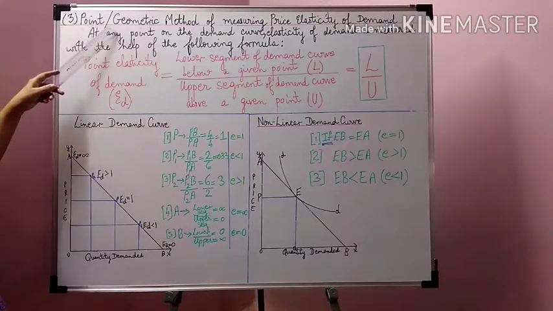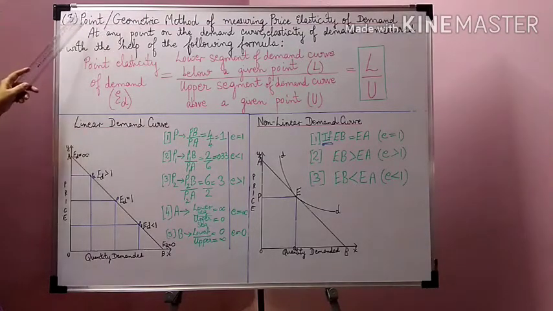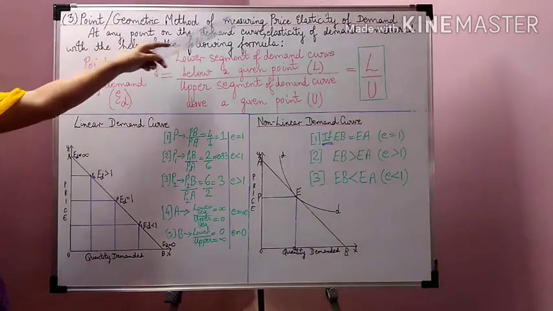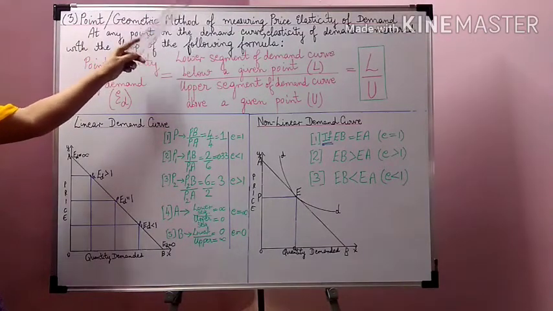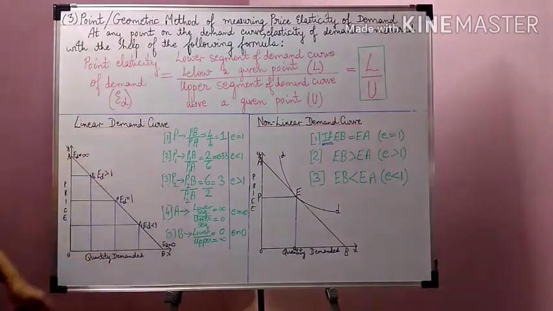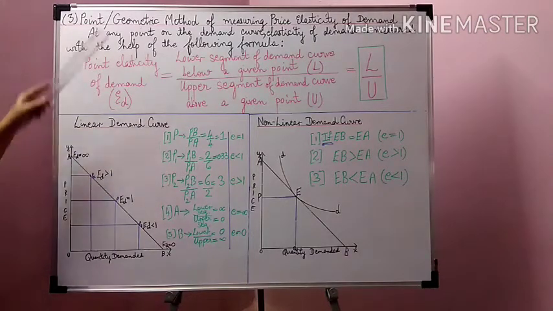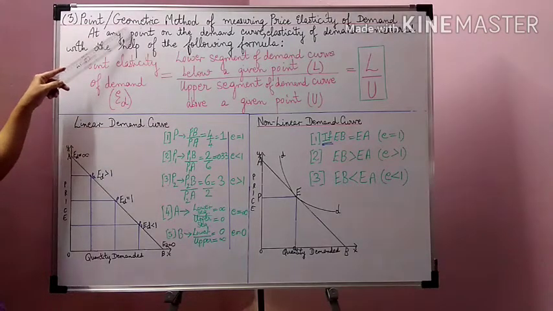This method is known as point method because it measures elasticity of demand on a given point on a demand curve. This method was also developed by Professor Alfred Marshall.